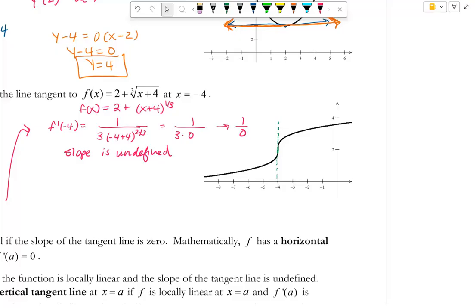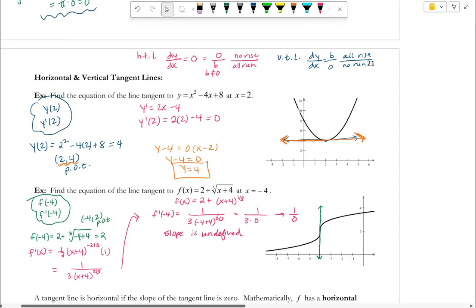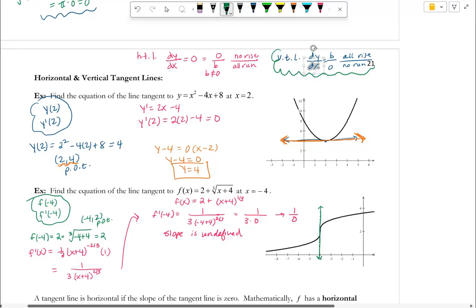So if I look at what's going on at x equals negative 4, we said that we have a vertical line here. And anytime we discover our tangent line is vertical, the way to know this is that when I find my dy dx or my f prime of x and plug in a value, I get a number over 0, kind of like when we have a vertical asymptote.